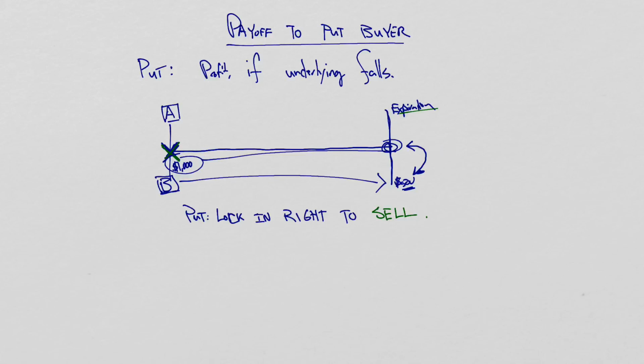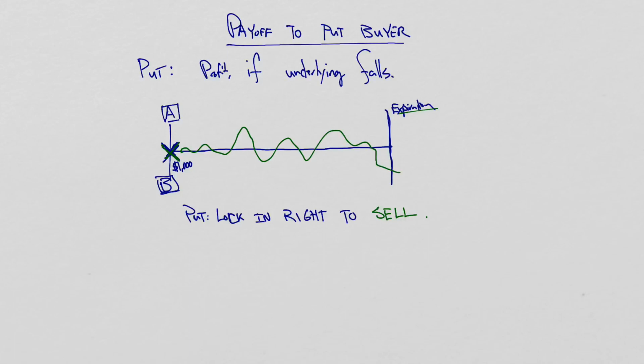And the way all that works is when we look at the math for it, let's suppose that Apple's price did eventually go up and down and up and down, and did eventually go to a value of 500. So B was right.